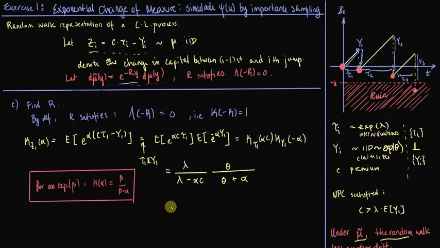And what you want to do now is to find out what the moment generating function is in minus r, so we just replace that in the above. It's lambda divided by lambda minus alpha c, where alpha is minus r, so plus rc, and then you have theta divided by theta minus r. And you want to set this equal to 1 and solve for r.